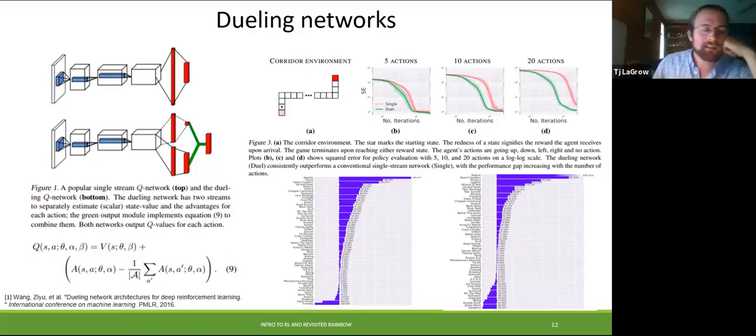I think dueling here is more cheeky in terms of nomenclature, specifically because it is more of just a combination of two networks trying to learn the action space after the convolution of learning the state space.